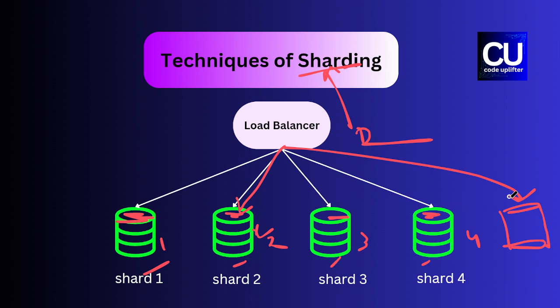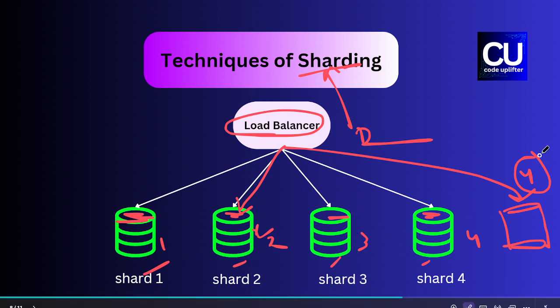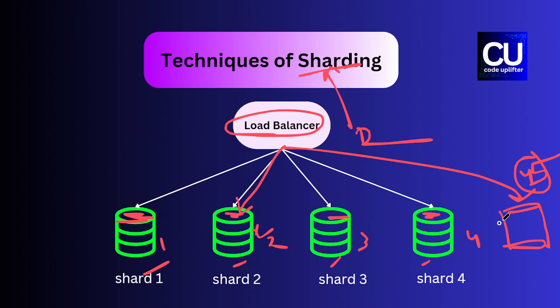Now when the fifth shard is added, the hashing function has to be changed. The load balancer has to change the logic of deciding the hash so that it can accommodate the fifth hash. Otherwise it will still be sending the records to only these 4 shards.